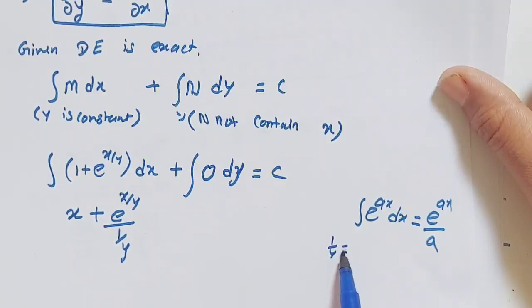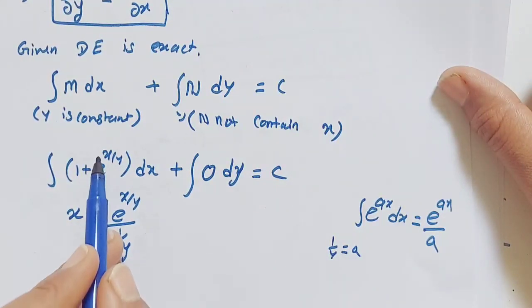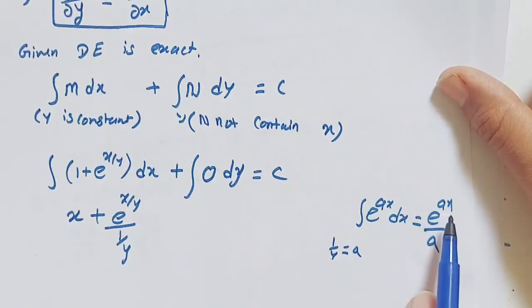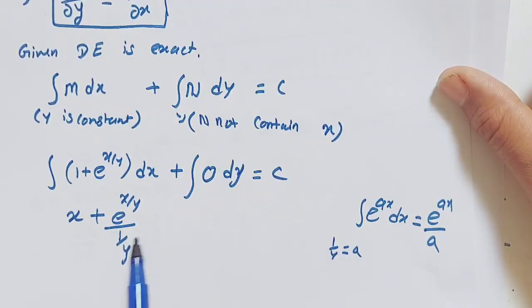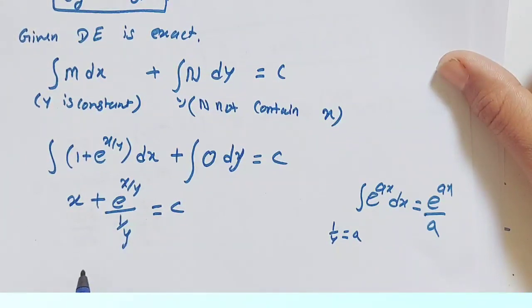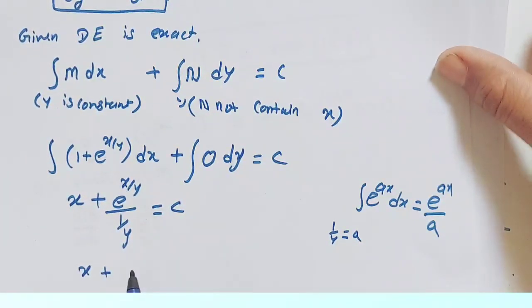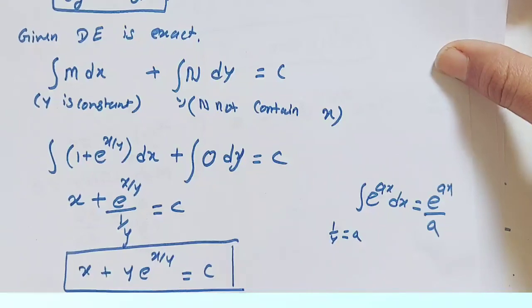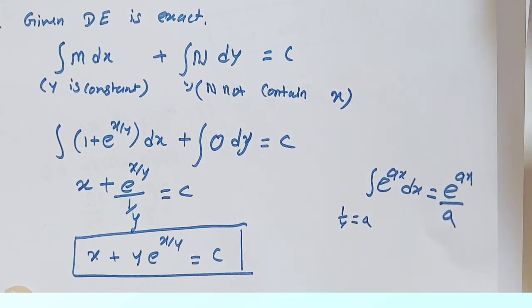Suppose we take 1 upon y equal to a. Then here it is e raised to the power ax, and the integration of e raised to the power ax is e raised to the power ax divided by a. Instead of a, if we put 1 upon y, then this expression equals c. We can write it as x plus y e raised to the power x by y equals c. This is the final solution of the given differential equation.